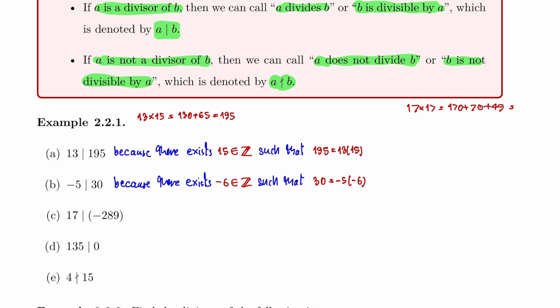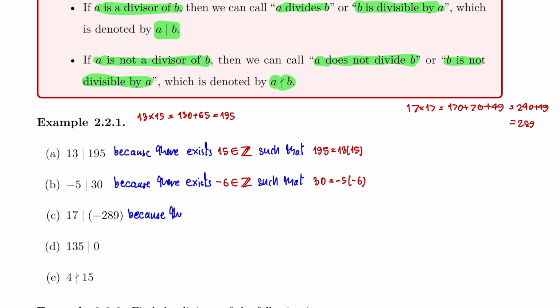So it turns out to be 240 plus 49. It turns out to be 289. Got it? So we can write 17 divides minus 289.